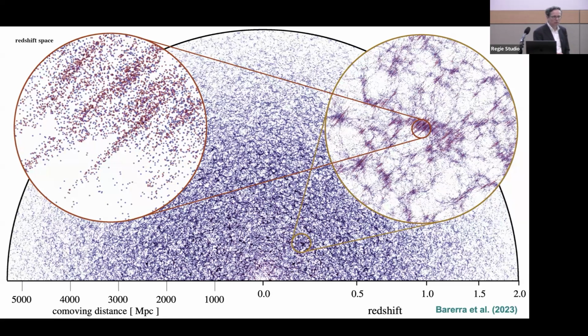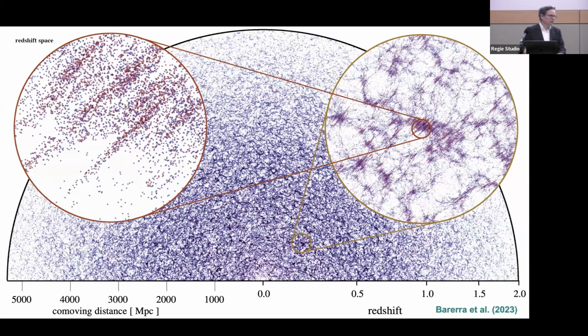So there are two contributions to this redshift. One is just due to the expansion of space between the emission and the reception of the photons, and the second contribution is the peculiar motion of galaxies, and that creates in these galaxy clusters these stripes that point towards us. That's called the finger of God effect.